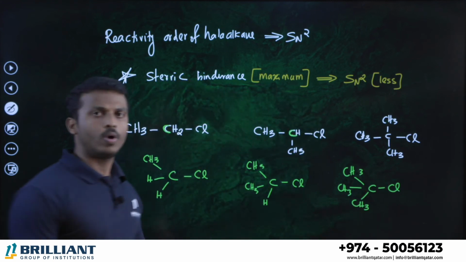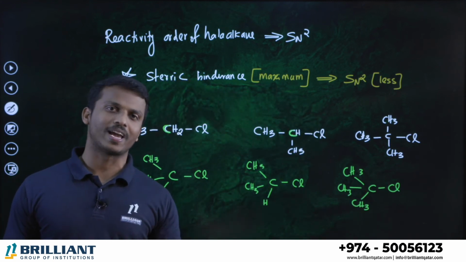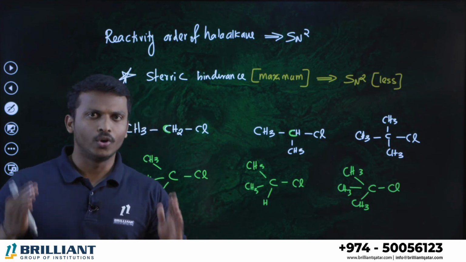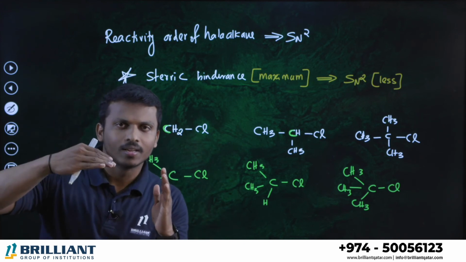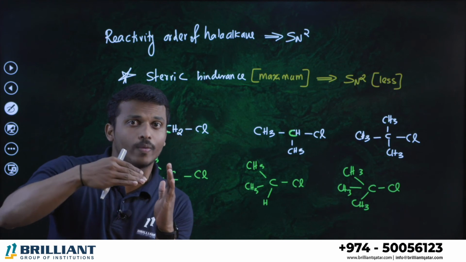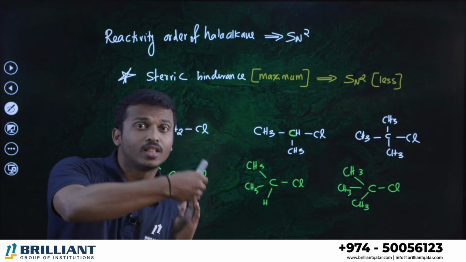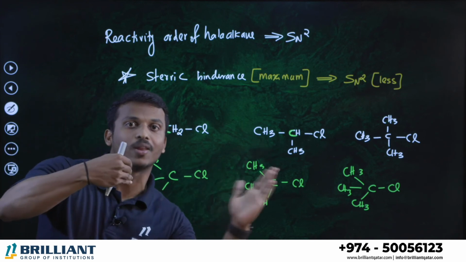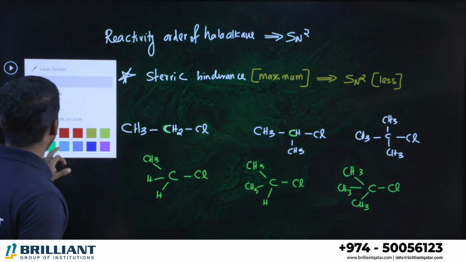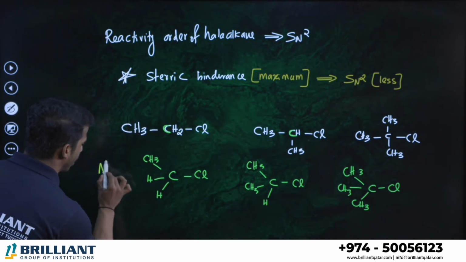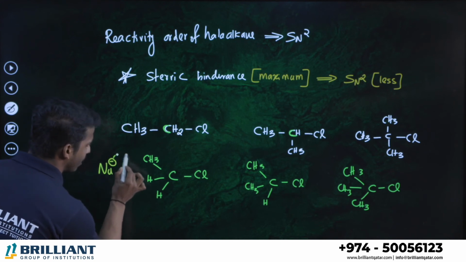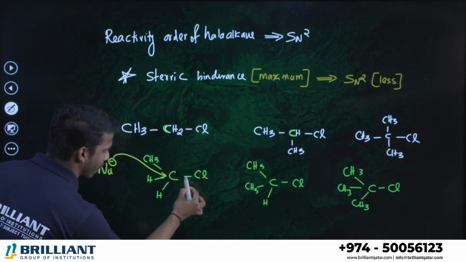Now, what is happening in the SN2 mechanism? In the first step, the nucleophile is attacking. Where is the nucleophile attacking? Always the carbon atom connected to the halogen, always from the side opposite to where the halogen is present. So let me welcome the nucleophile. The nucleophile is coming and trying to attack this carbon, and the halogen should leave.